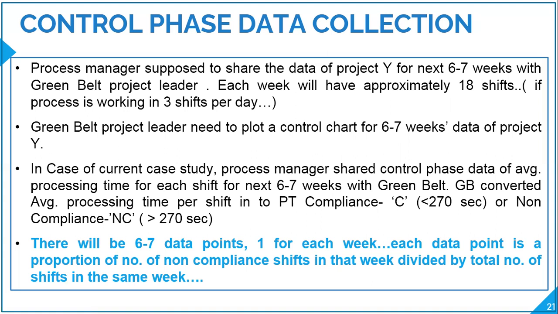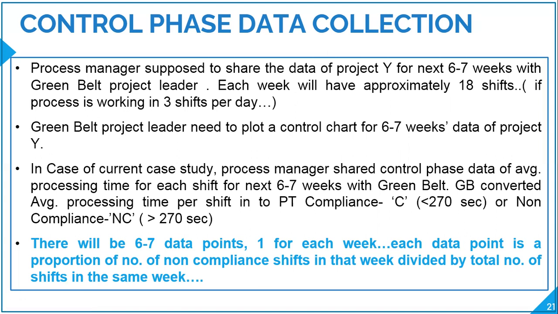Or it would be a non-compliance shift if the average processing time per unit for a given shift is more than 270 seconds. So likewise, there will be 6 to 7 data points, one for each week. Each data point is a proportion of the number of non-compliance shifts in that week divided by the total number of shifts in the same week. So this is where we left last time.